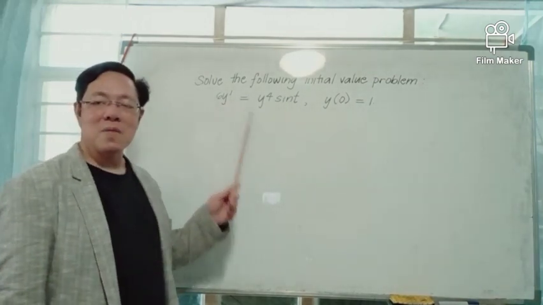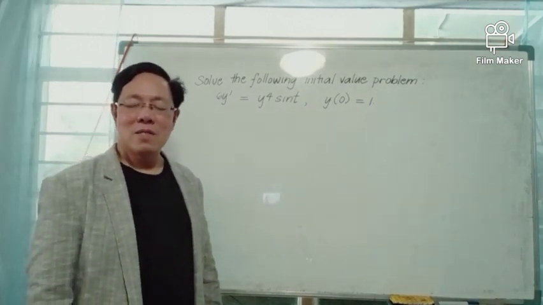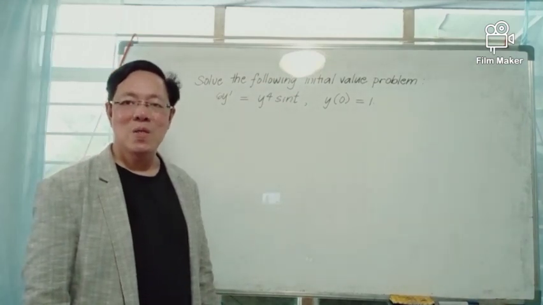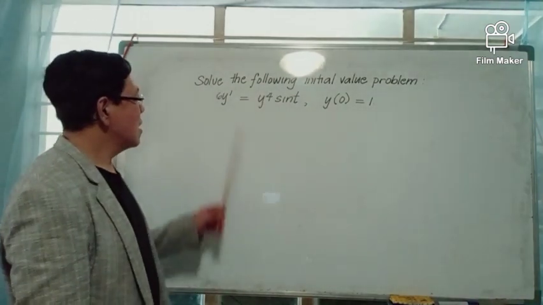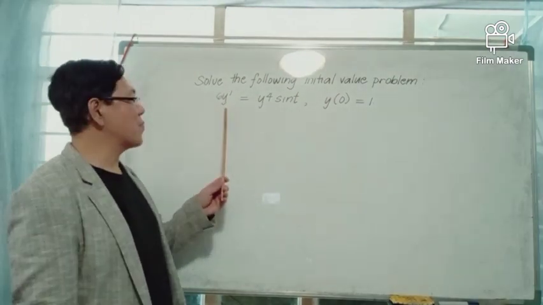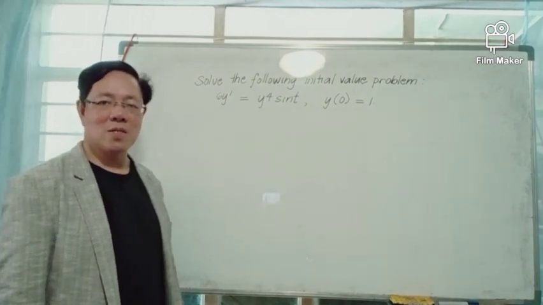Thus, y prime means the derivative of y with respect to t. And we will solve this. We will look for the general solution of this differential equation by separation of variables.